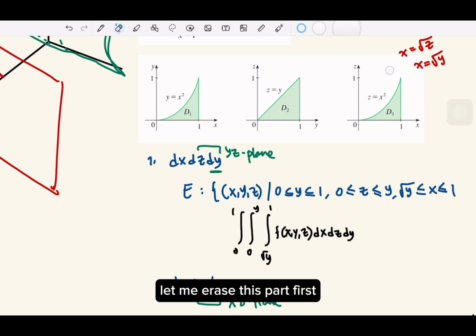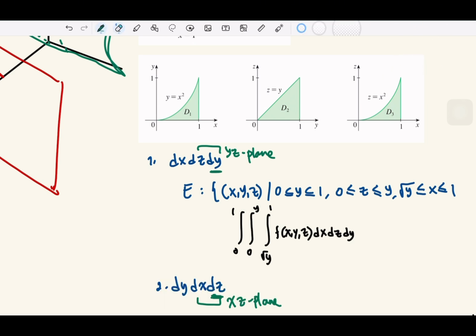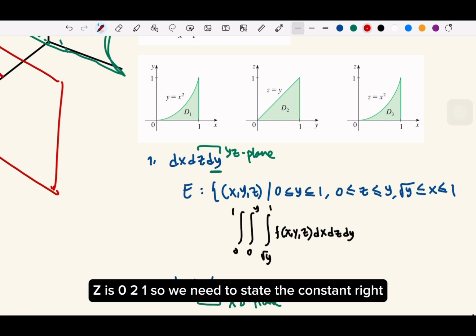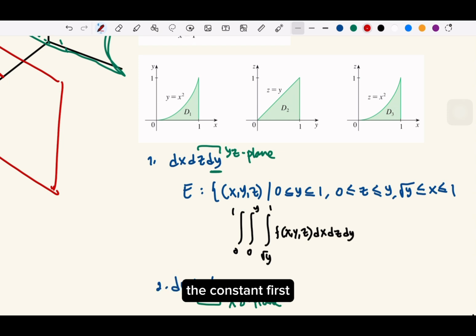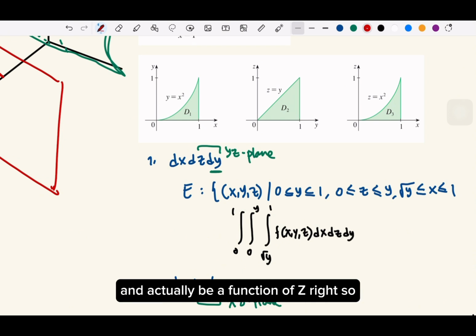Let me erase this part first. In the xz plane, we have z from 0 to 1. So we need to state the constant first. And x should be a function of z, right? So we need to write x equal to square root of z.